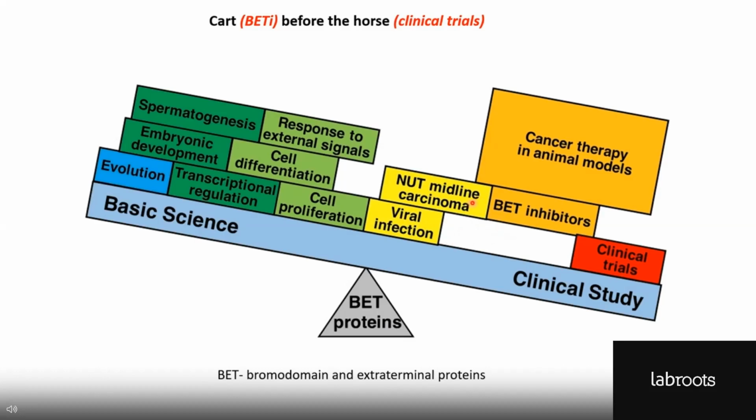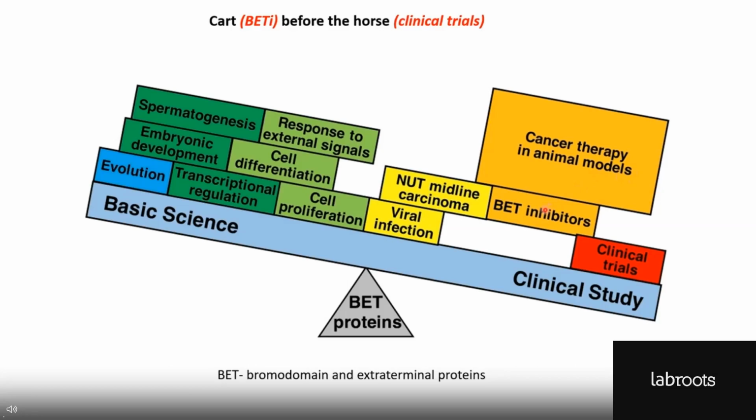It's also involved in NUT midline carcinoma, and that has essentially spun off a field of developing small molecule inhibitors against these BET proteins, and also trying to understand epigenetic regulation in animal models as well from a therapeutic standpoint.